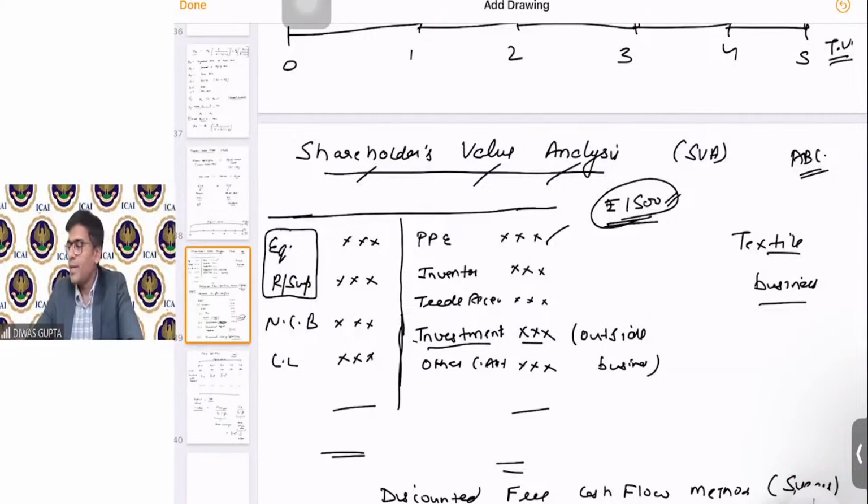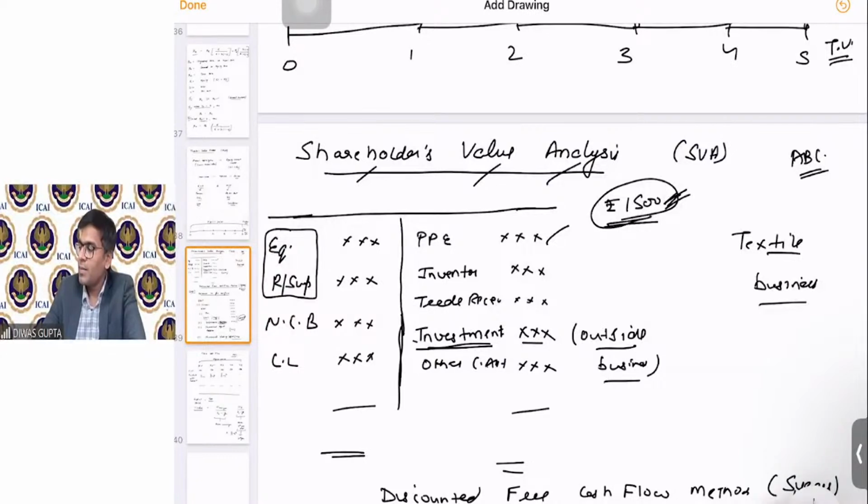You just go through this balance sheet. I have given you one fact. What is that fact? Some of these investments are outside business. That means this 1500 crore.